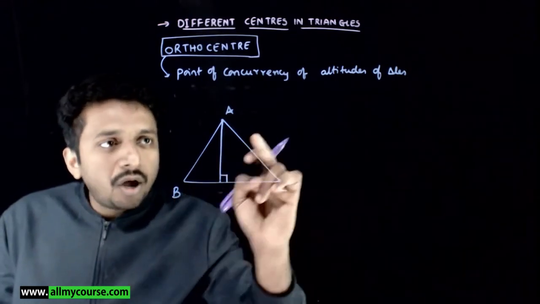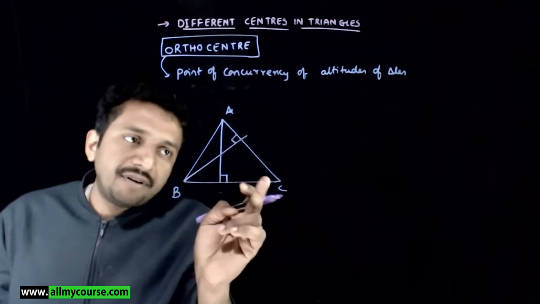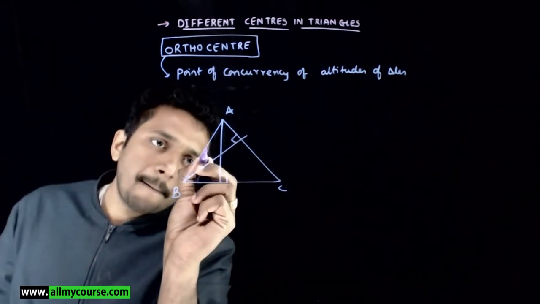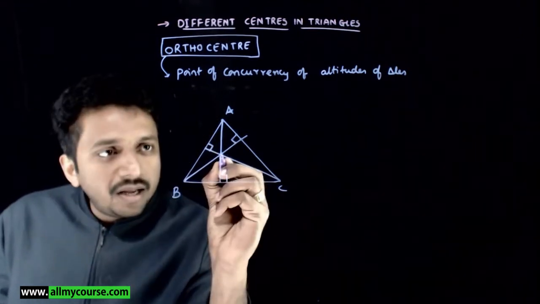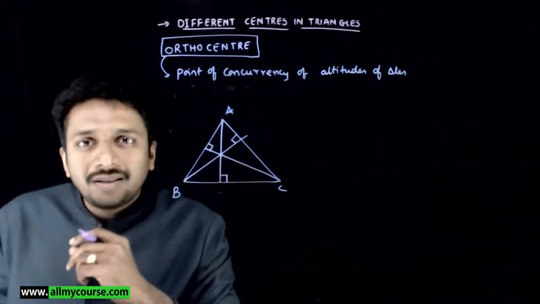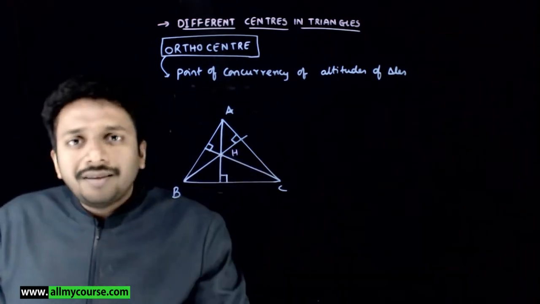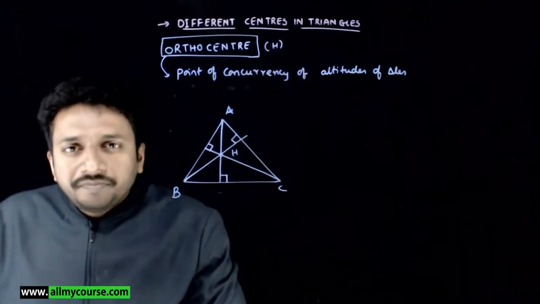Next, from B, draw an altitude onto AC. And from C, draw an altitude onto AB. So all of them will meet at a point called the orthocentre. It is usually denoted by the letter H.